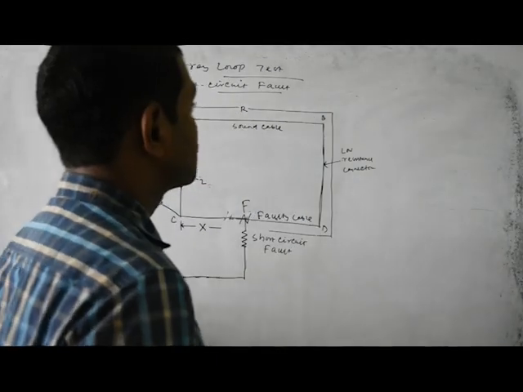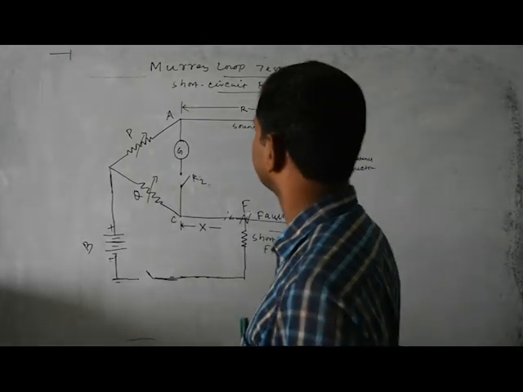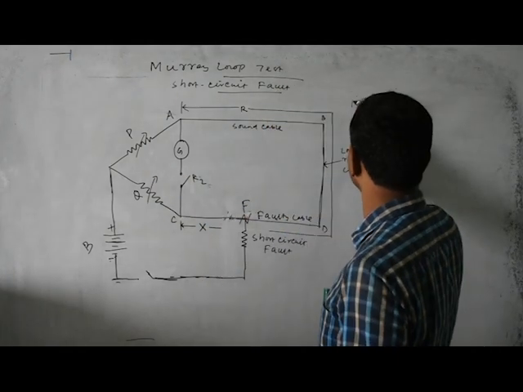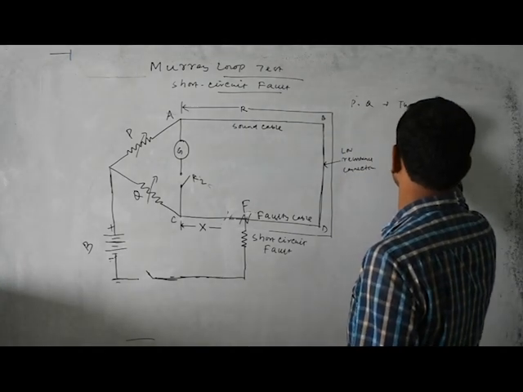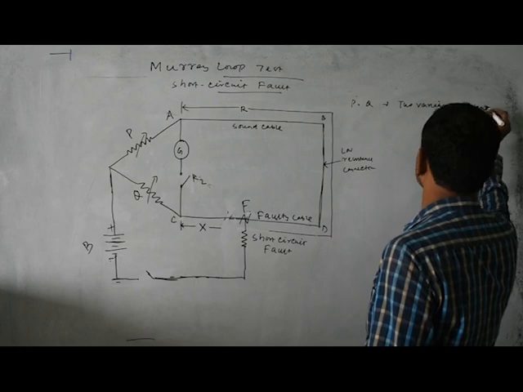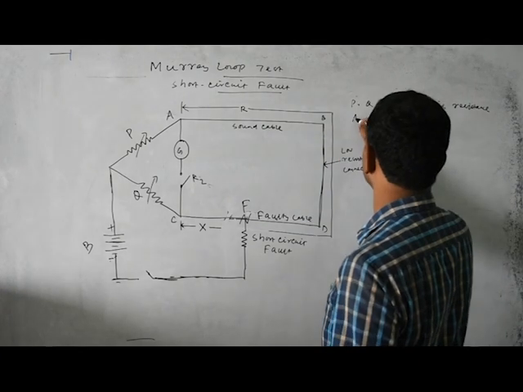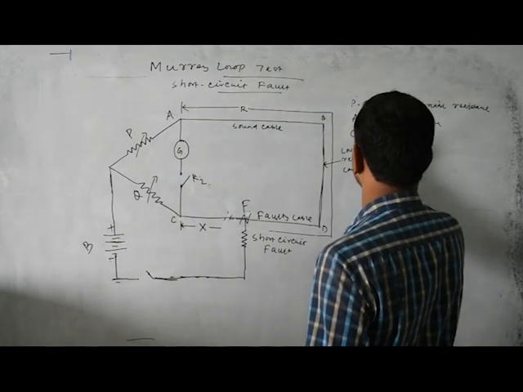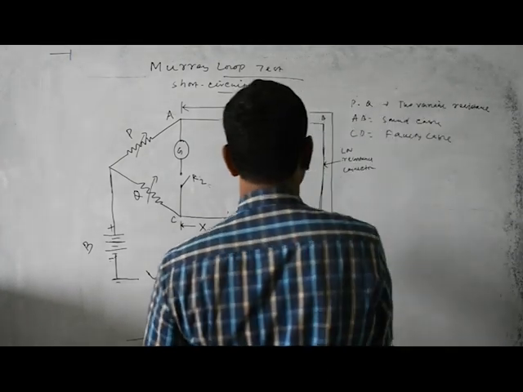Now we discuss the short circuit fault by the Murray loop test. Similar to the arc fault, here P and Q are two variable resistances. AB is the sound cable and CD is the faulty cable.